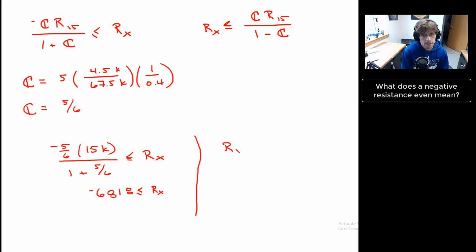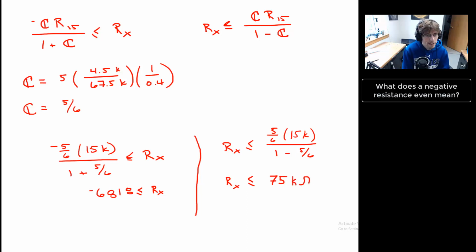We get something that says 5/6 times 15k over 1 minus 5/6. So Rx must be less than or equal to, you see it, denominator is 1/6, then we have a 5/6. So 5 times 15, so we get 75k. And I'll put the ohms in there now.